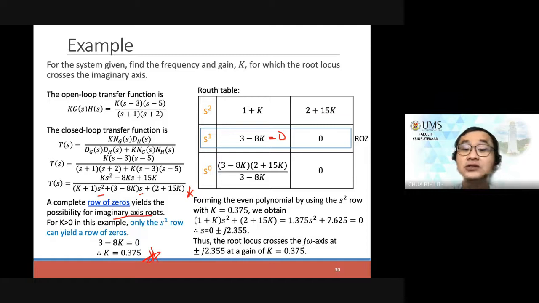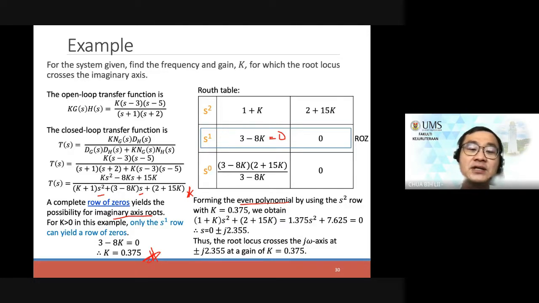0.375. So if it is 0.375, what we would do is form the even polynomials, just like the Routh table method. By having that, this whole characteristic polynomial, we put in the k value.